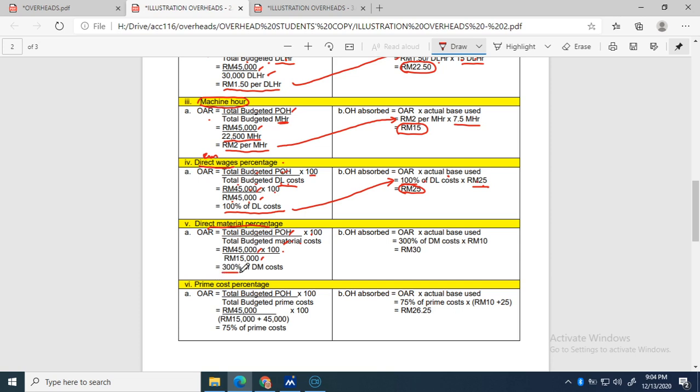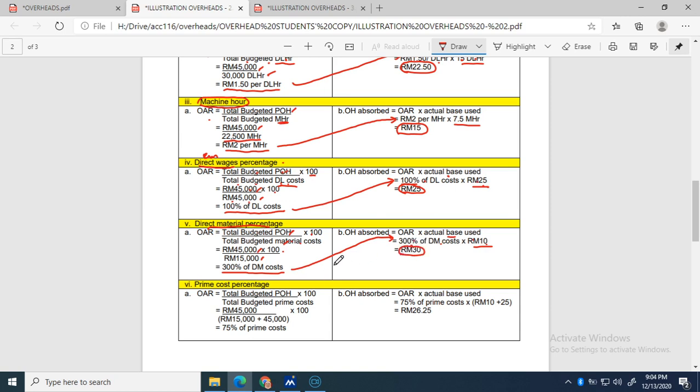So you get OAR is 300% of direct material cost. To get overhead absorbed, OAR 300% of direct material cost times the actual basis, which must be material cost per job. For the job, material cost is 10 ringgit. So 300% times 10 ringgit, you get 30 ringgit for the job.